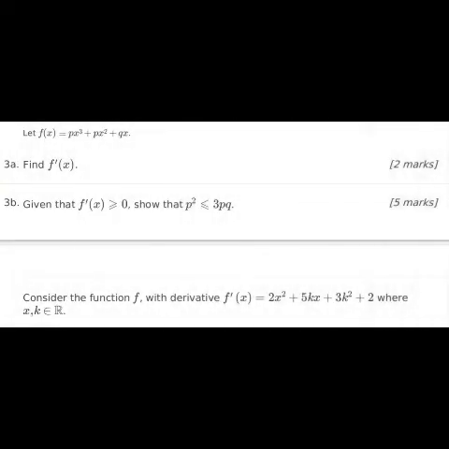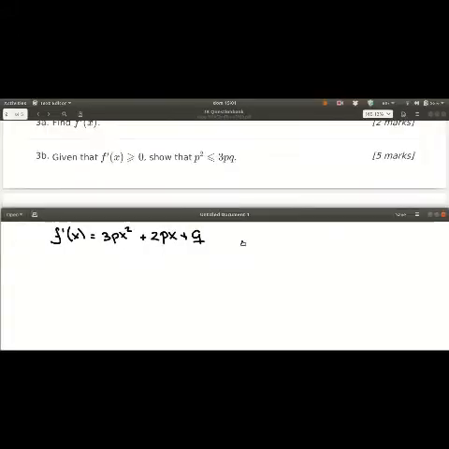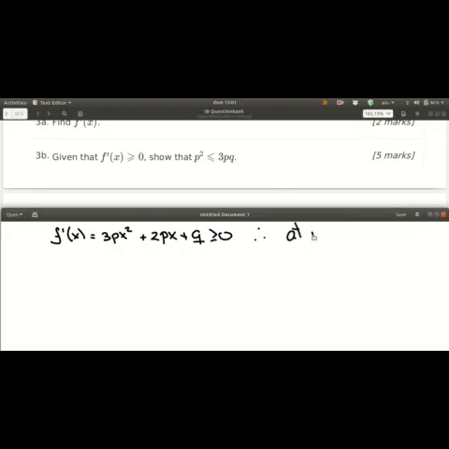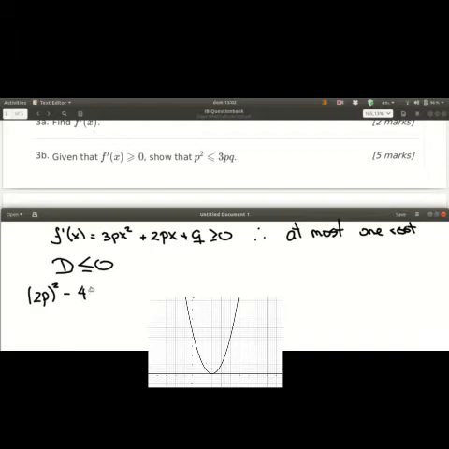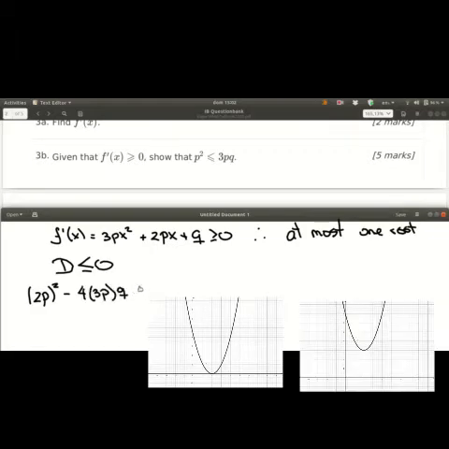Given that f prime of x is greater than or equal to 0, show that p squared is less than or equal to 3p cubed. For this problem, notice that if f prime of x is greater than or equal to 0, it means that it has at most 1 root. That means the discriminant is less than or equal to 0 because this expression has only 1 root or 0 roots.